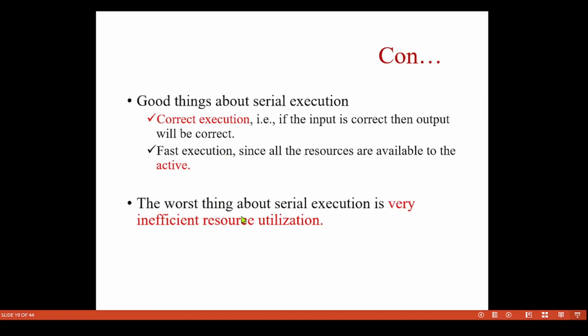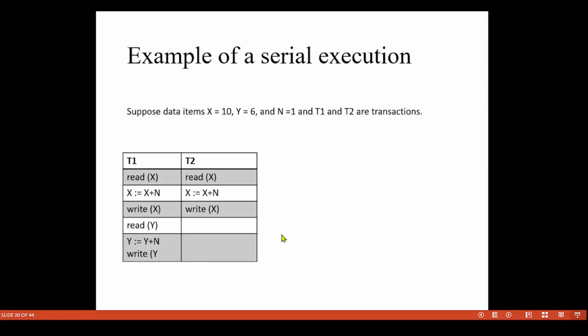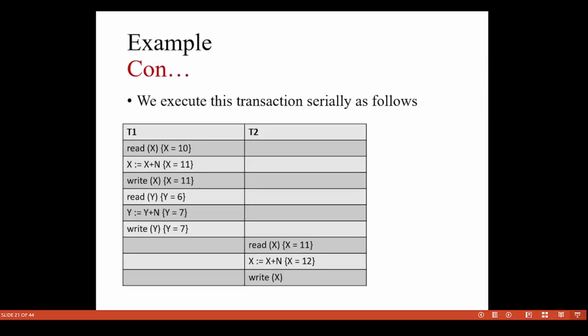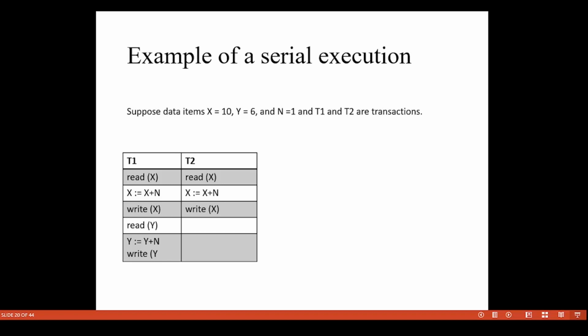The worst thing about serial execution is very inefficient resource utilization. For example, suppose data item x equals 10, y equals 6, n equals 1, and T1 and T2 are transactions.